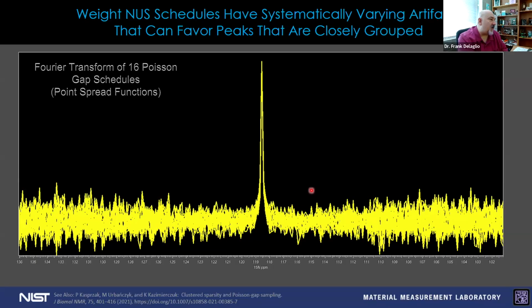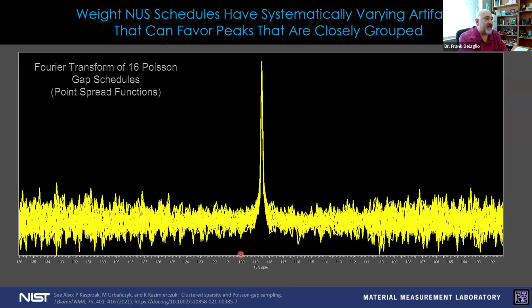They are small near their peaks and get larger as they go away from the peaks. And so what this means is sampling schedules like this are going to favor spectra where the peaks are grouped together closely because they're going to be in regions where their mutual reconstruction artifacts are at their smallest.